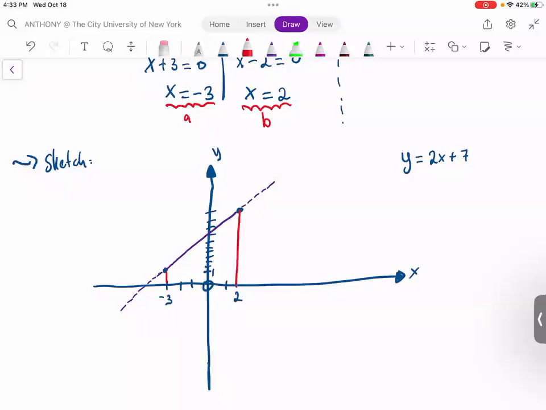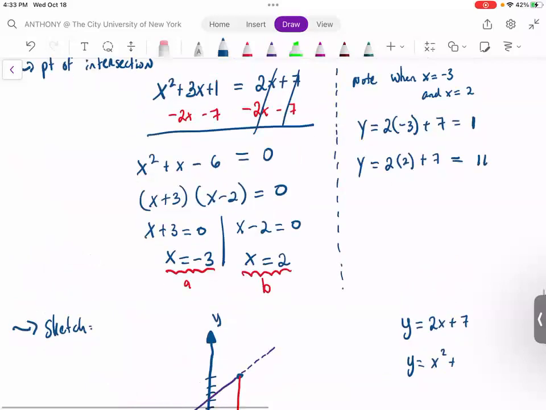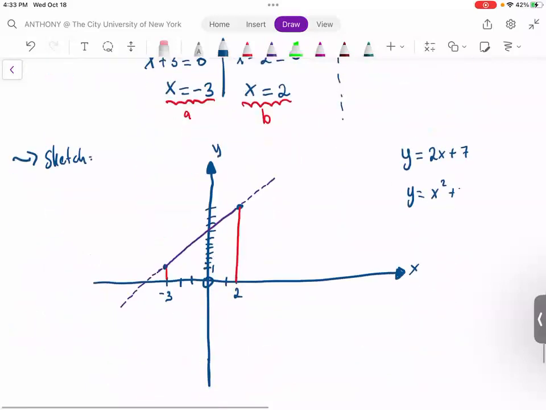Now we have the equation y equals x squared plus 3x plus 1. Does anybody know what the graph of this would look like? It's a parabola. And is the parabola going to open upward or downward?